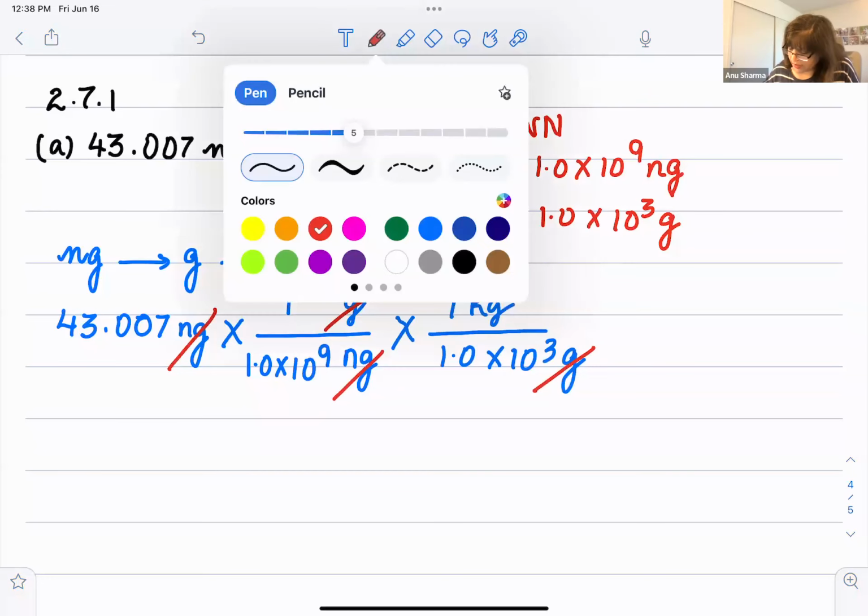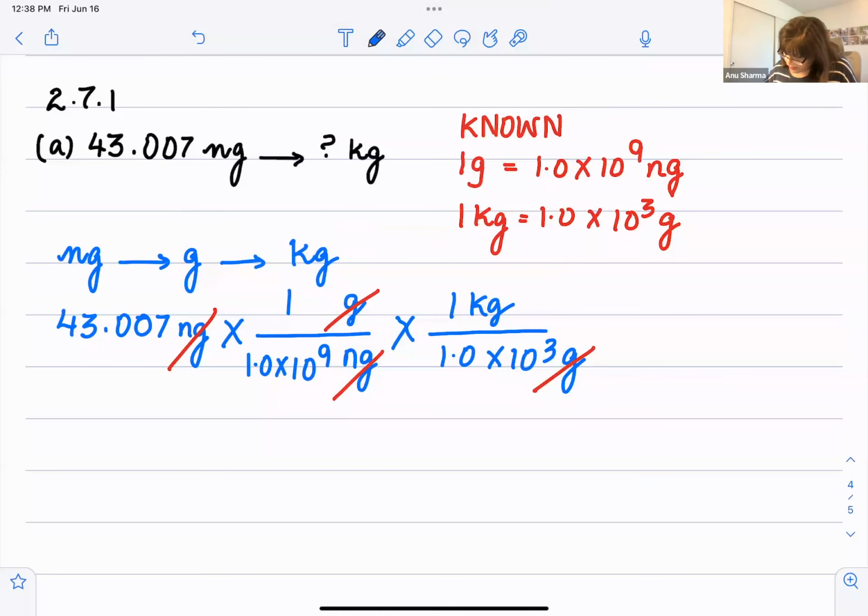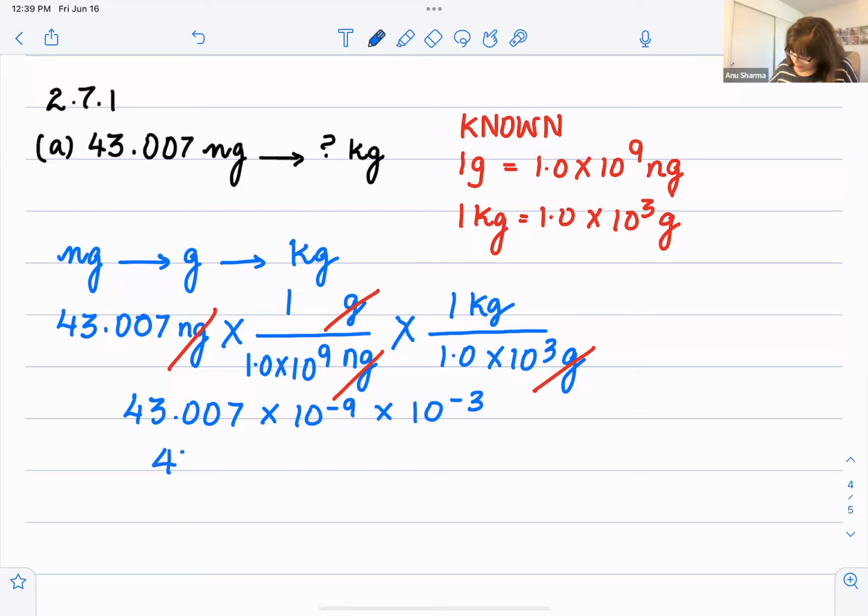So what is left now is, you can do it like this, 43.007 into 10 to the power -9 into 10 to the power -3. I'm going to just leave it like that first, 43.007 into 10 to the power -9 and -3.